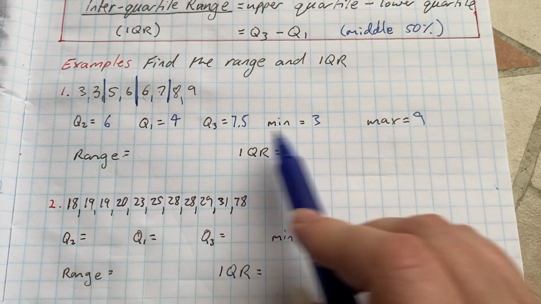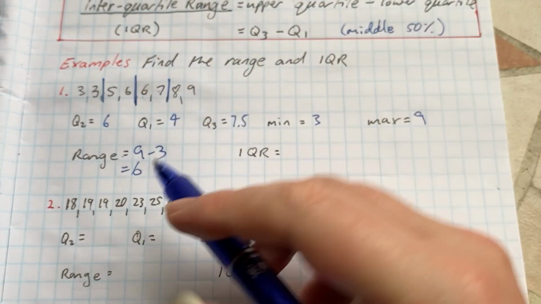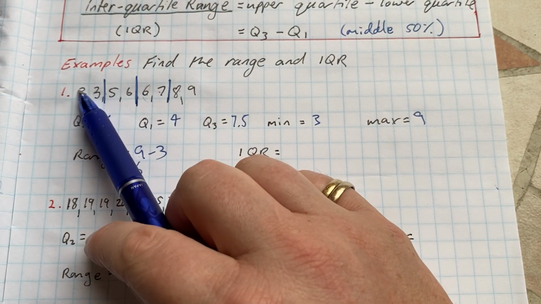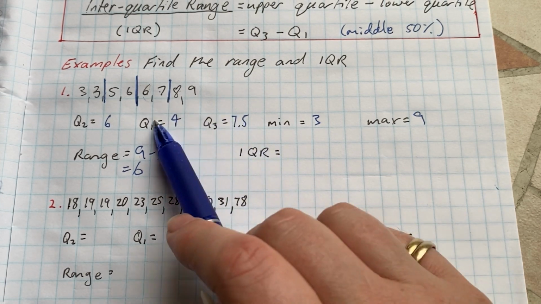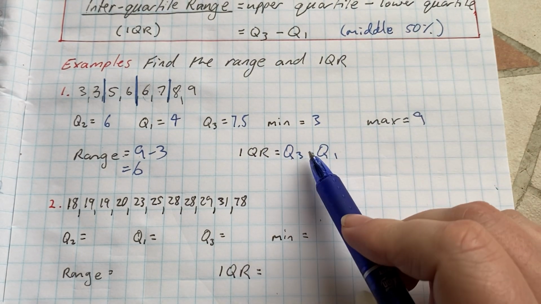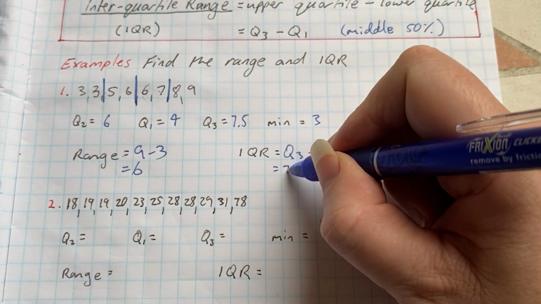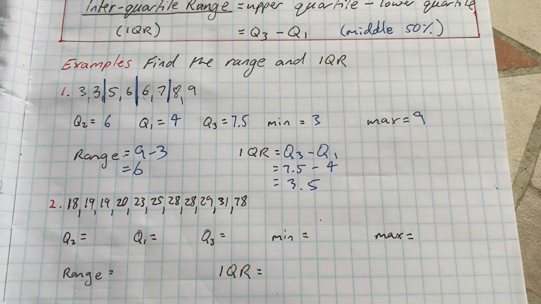So our range is the maximum minus the minimum, 9 minus 3, which equals 6. So there's a count of 6 between the bottom and the top. The interquartile range is these two subtracted. So it's our Q3 minus our Q1, our upper quartile minus our lower quartile. So 7.5 minus 4, which gives us 3.5.